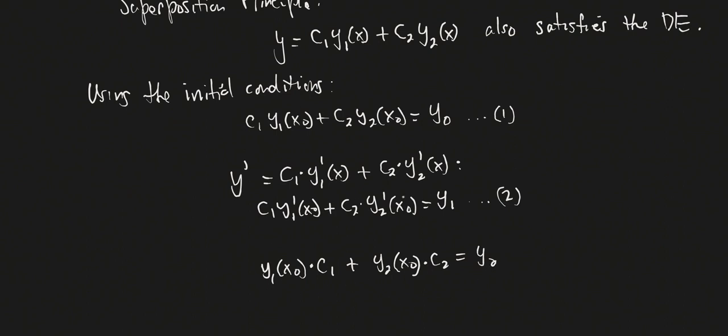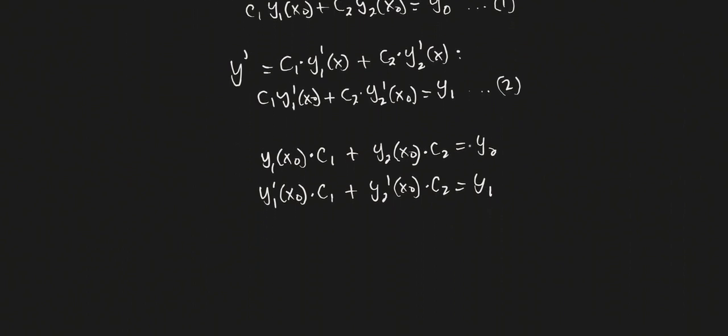And then do the same thing for the second equation. I would have y1 prime of x0 times c1 plus y2 prime of x0 times c2, and that would be y1. So we could actually express this system in matrix form, right?